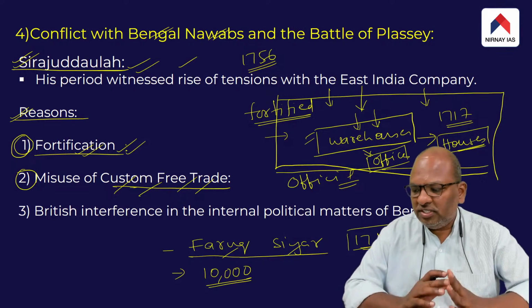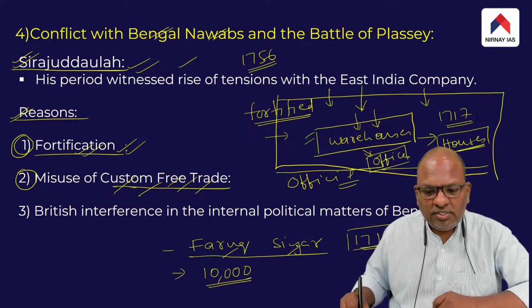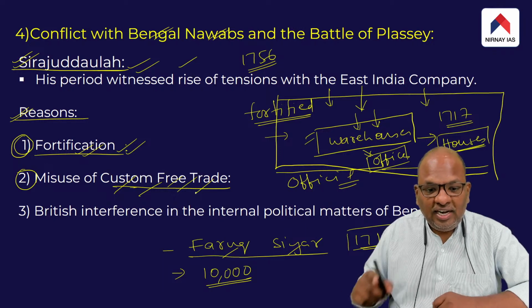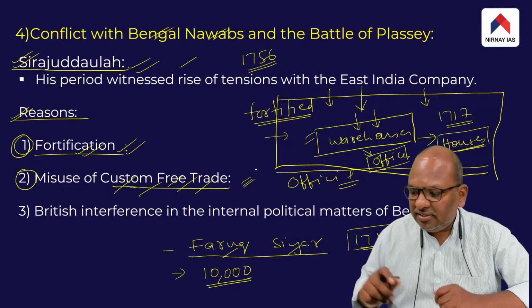Let me repeat this point once again for you. What is this custom-free trade? Under Farrukhsiyar's Farman of 1717, only the trade of the East India Company was allowed to be carried out without paying any kind of taxes.